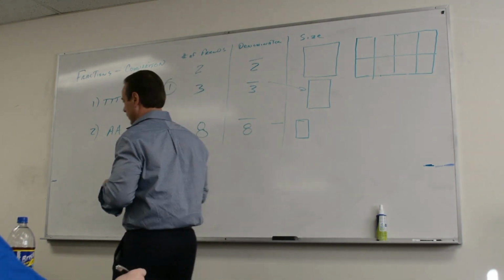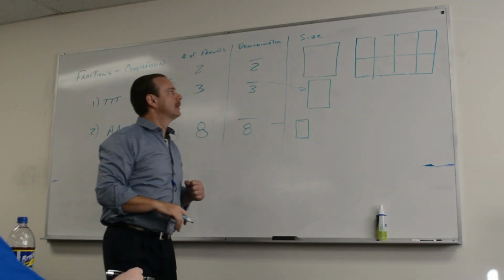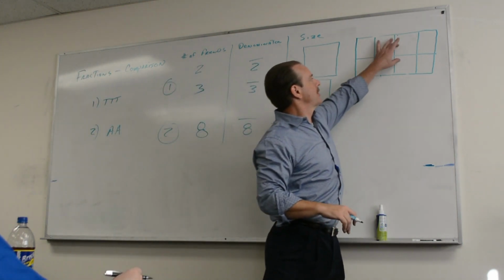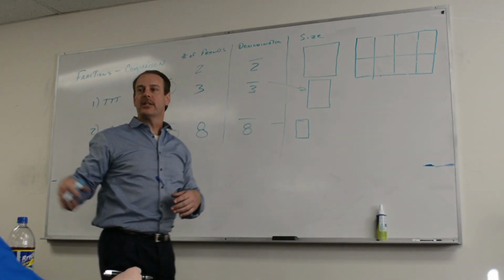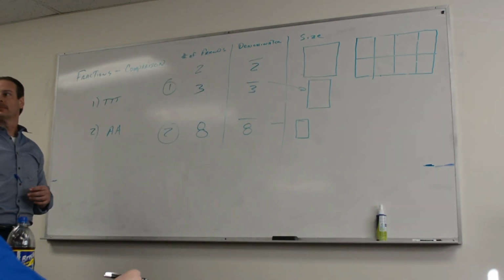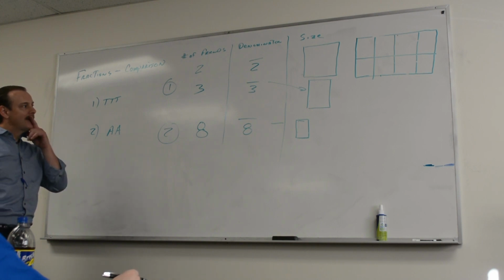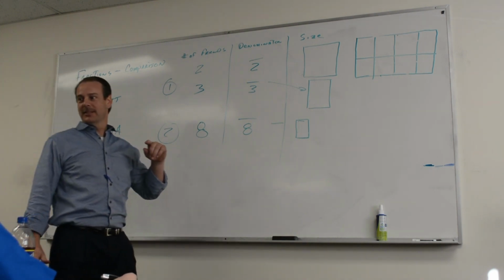I'm sorry, how do you 8? 2, 4, 6, 8. Anorexic Ann and 7 friends.